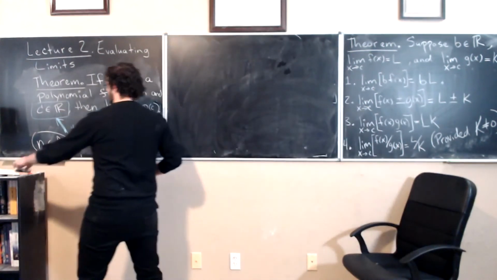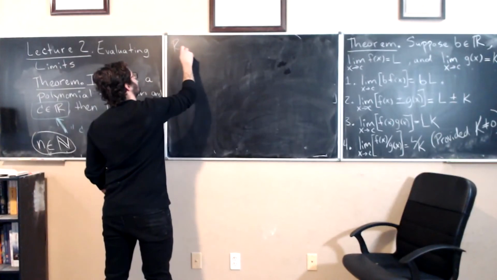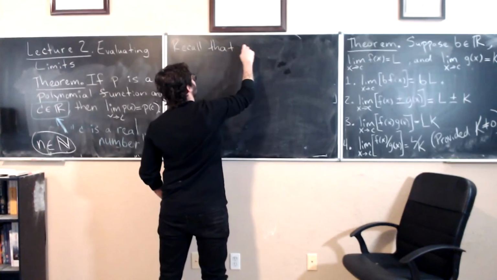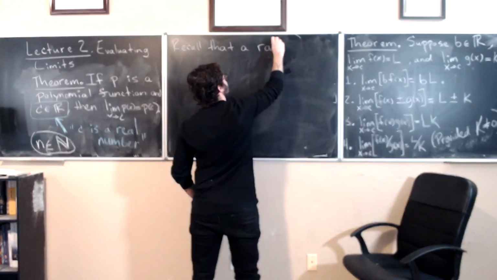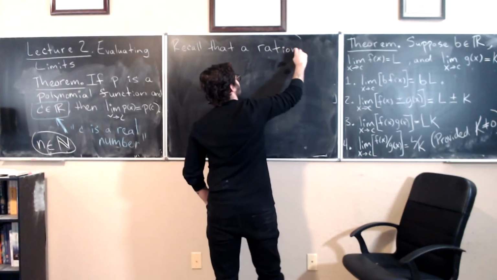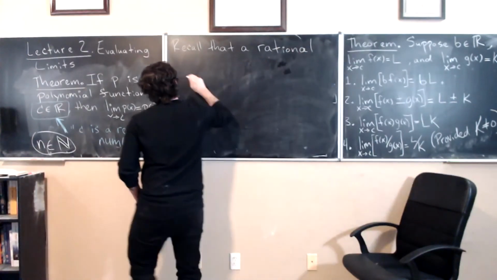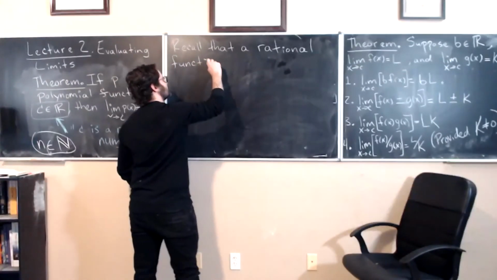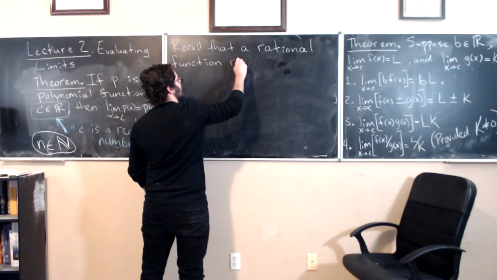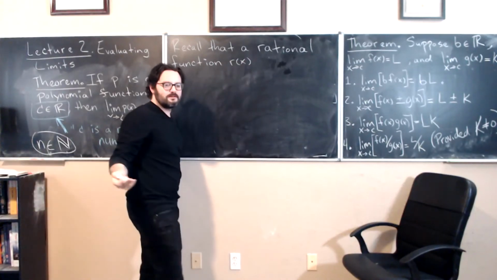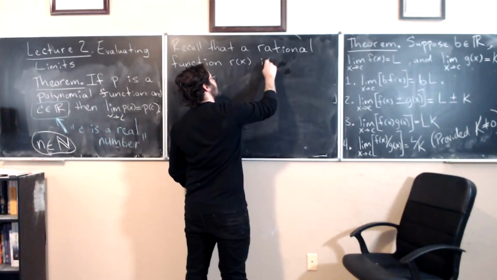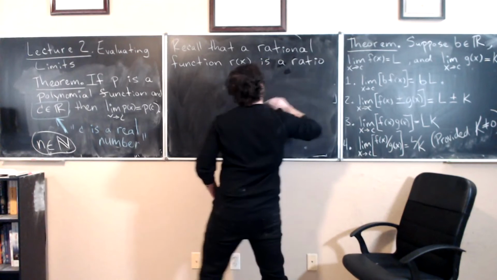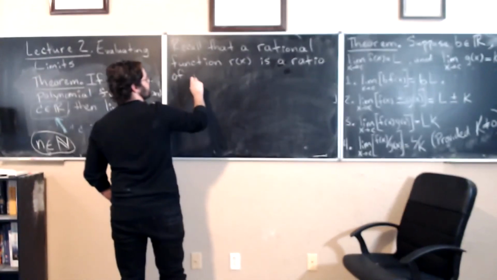So recall that a rational function, R of x, maybe that's what I'll denote it by, is a ratio of polynomials.